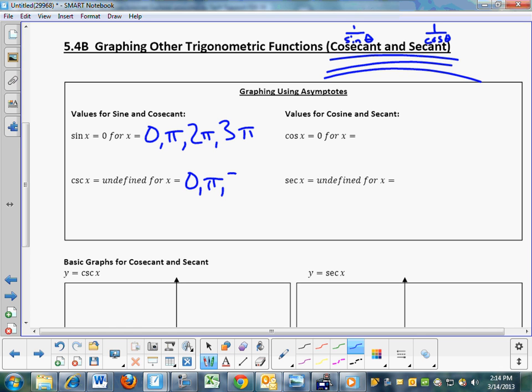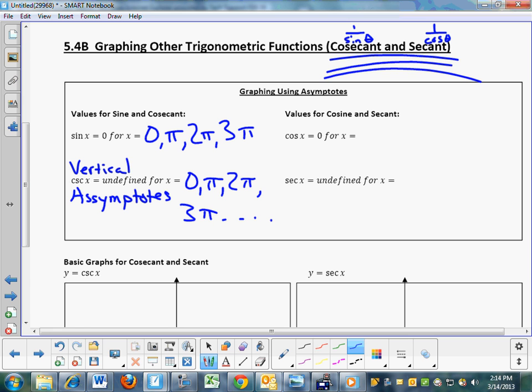And so those are the spots where we have what we call vertical asymptotes. Booyah, right? Does everybody understand that? If I take the reciprocal of 0, I get undefined. So those are important spots to know.